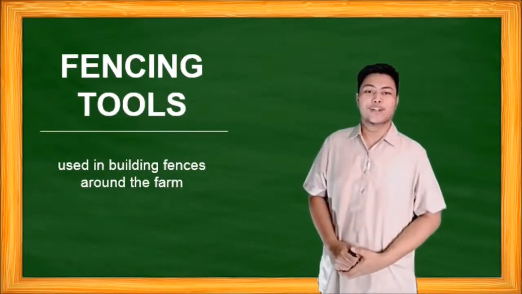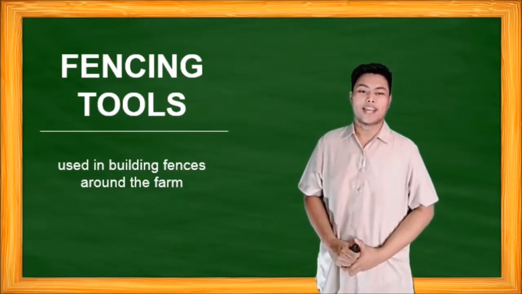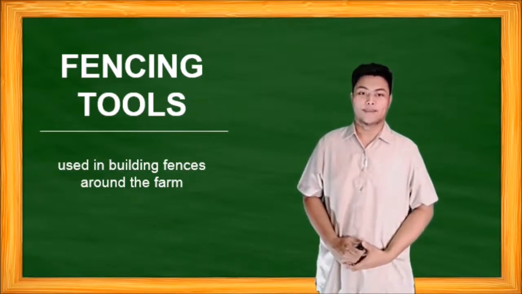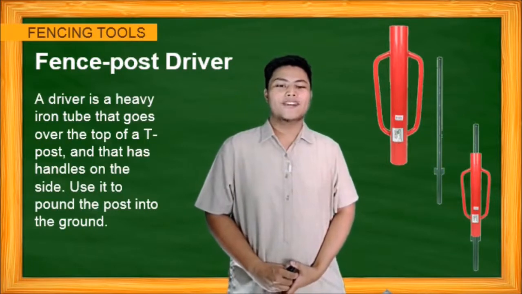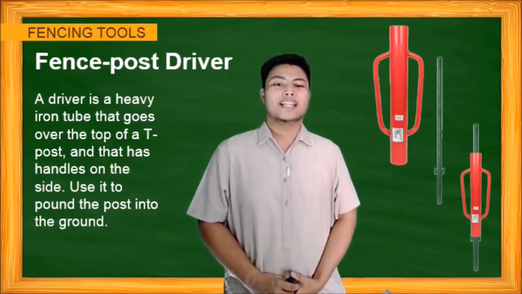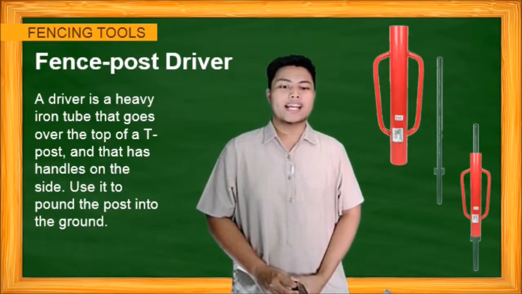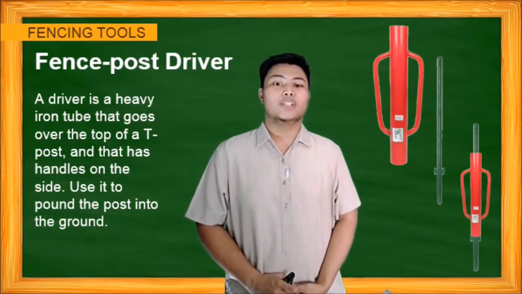Next classification is what we call the fencing tools. From the word itself again, it is used in building fences around our farm. First example is the fence post driver. A driver is a heavy iron tube that goes over the top of a T-post, and that has handles on the side. Use it to pound the post into the ground.